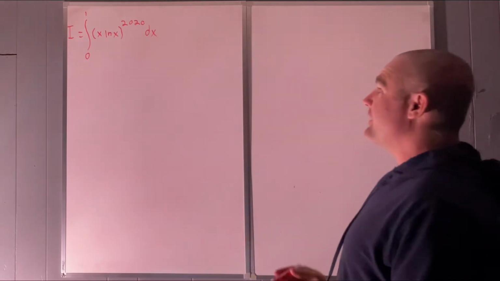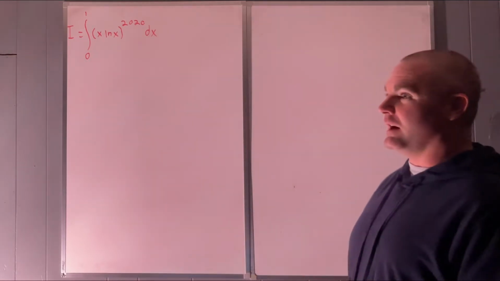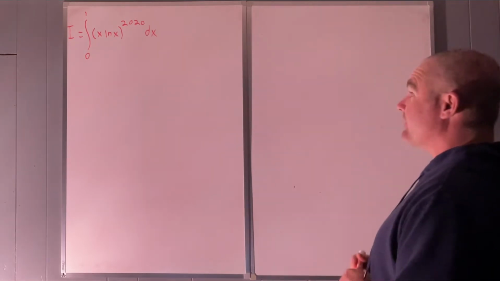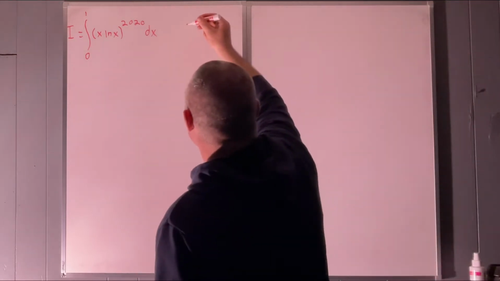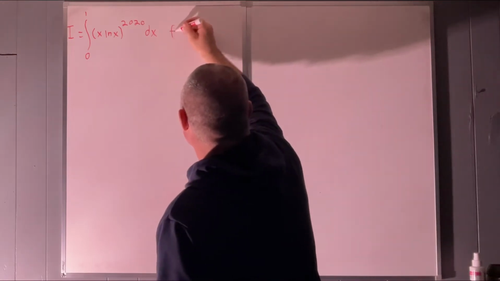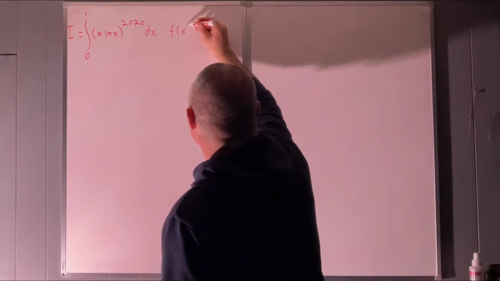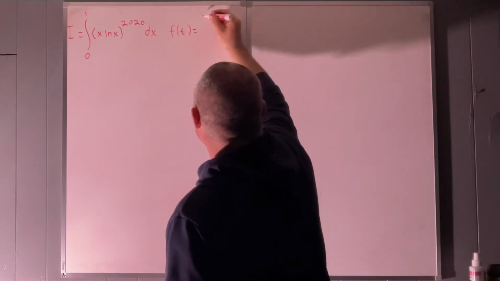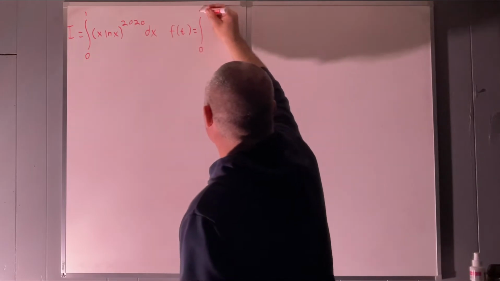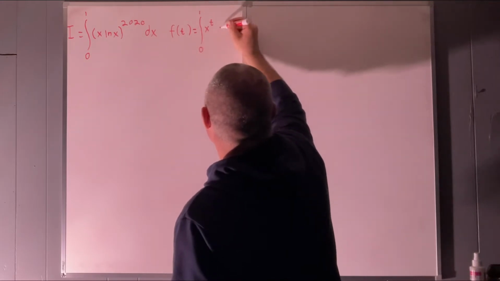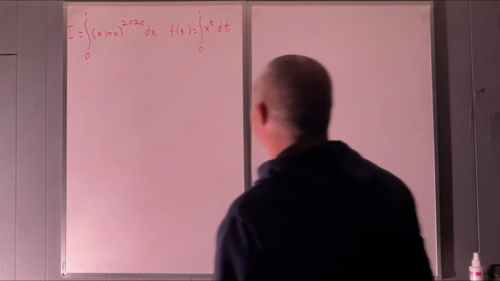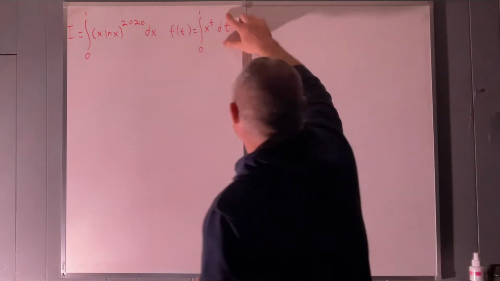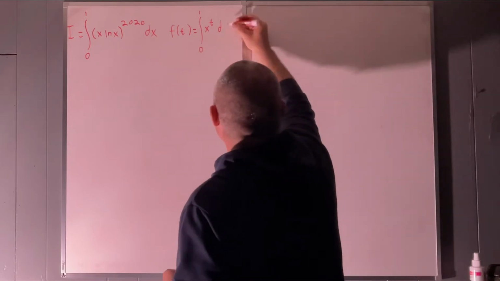And by the way, the process is going to closely resemble the process I used in another video. You'll see. So what we'll do is consider this function of t: f of t equals the integral from 0 to 1 of x to the t dx.